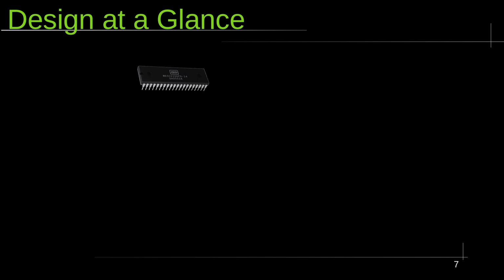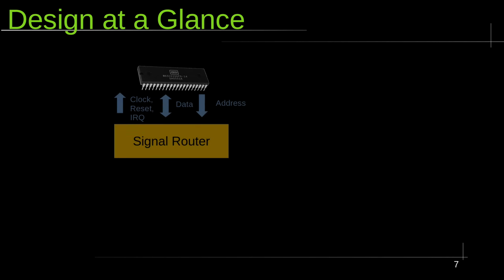Now, of course, we've talked about UARTs and 6502 memory and all that, but we haven't actually talked about the FPGA design. So let's look at how this looks at a glance. This is how I have designed the actual FPGA digital design. We're going to have the signal router that is going to interact with the 6502 CPU directly.